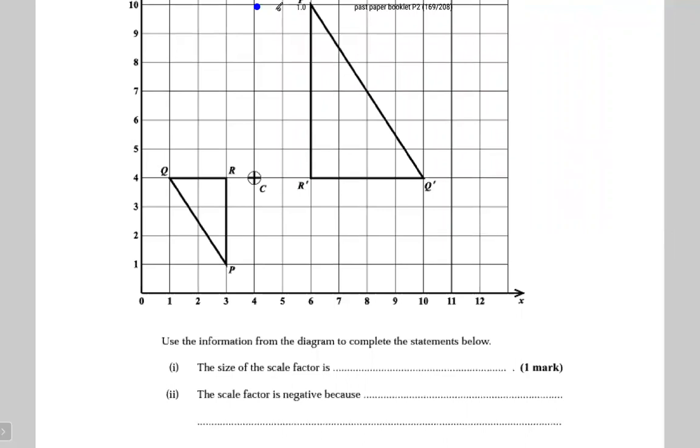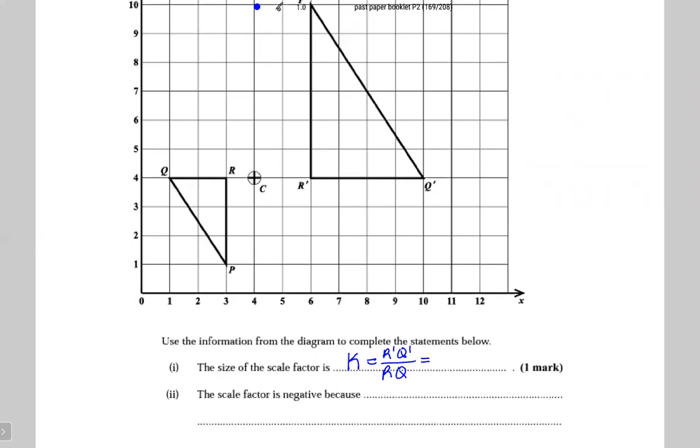The scale factor K would be equal to, let us say, R prime Q prime over RQ. In other words, the scale factor is equal to the length of one side on the image divided by the length of the corresponding side on the object.